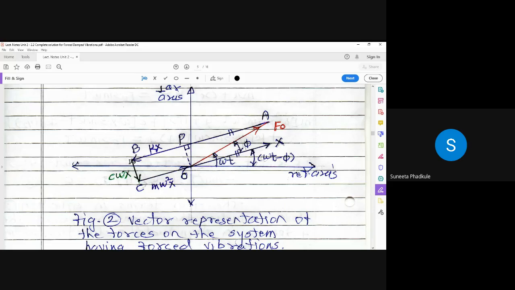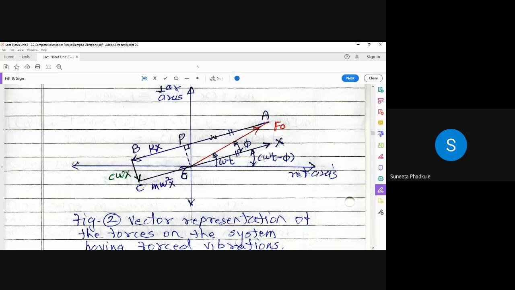See, this is acting towards left. And m omega square is also parallel to this one, but it is in the opposite direction. So, AB minus CO, what I will get? AP. Understood?